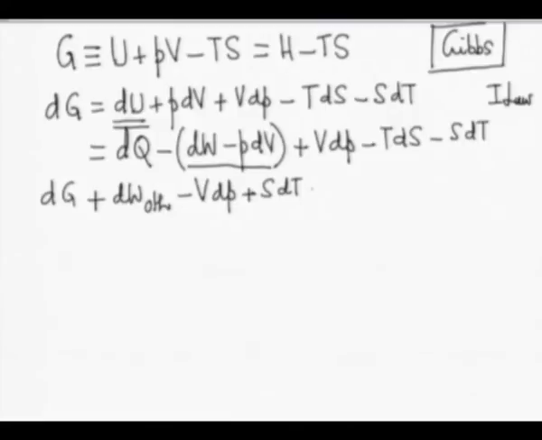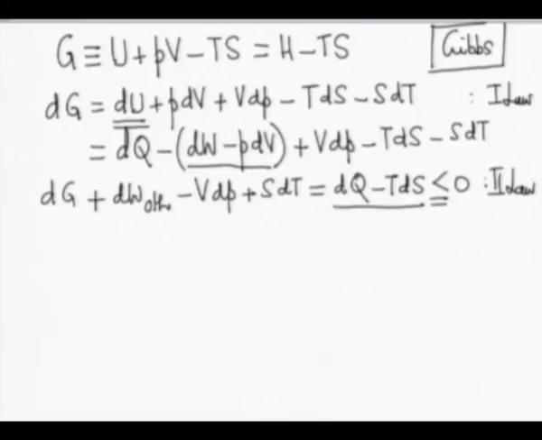The term which will remain on the right hand side will now be simply dq minus T ds, which we know from the second law of thermodynamics is less than or equal to 0. This is the second law. If the first law was used here, the second law has been used here.